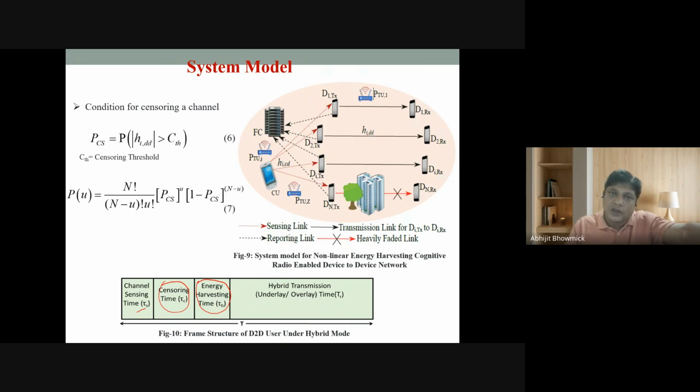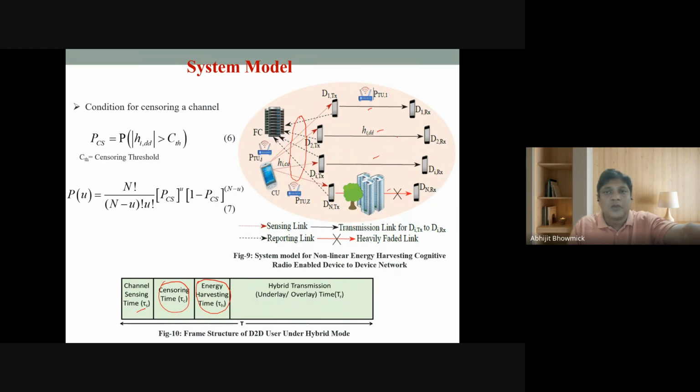What happens? The sensing is already discussed. After sensing, to say whether it is underlay or overlay transmission, the D2D users will transmit to their peer. These are the sensing and reporting channels: black dotted are reporting channels, and red dotted are sensing channels. But these are the transmission links.